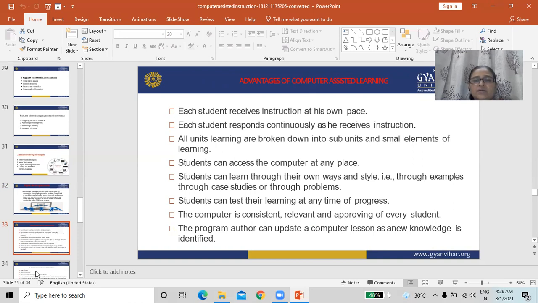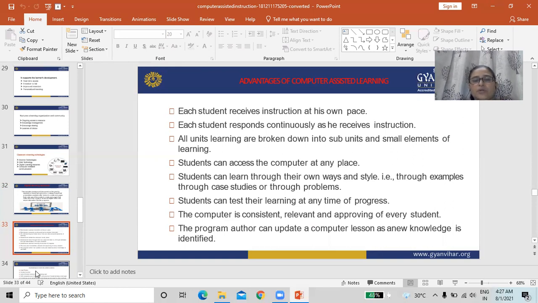Students can learn in their own way and style, be that through examples, through case studies, or through problems. Students can test their learning at any time of progress.